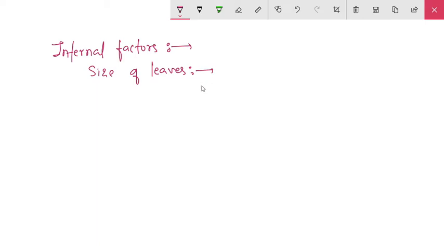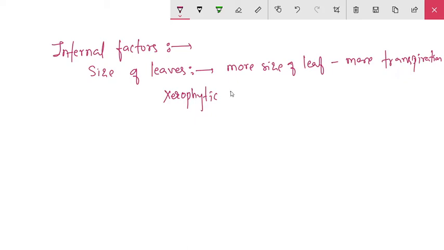The rate of transpiration is reduced by reducing the leaf size in xerophytic plants. The more the size of the leaf, the more the transpiration. Therefore, to reduce the water loss, xerophytic plants show reduced leaf size.